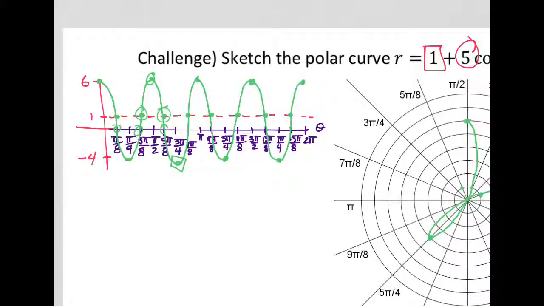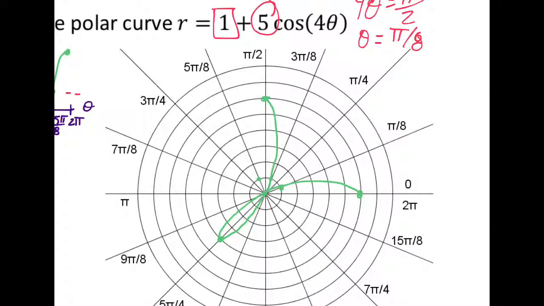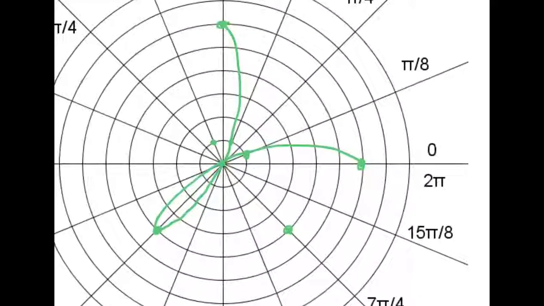At 3 pi over 4, I have a -4. So instead of 3 pi over 4, I'm down on the negative version of that line. So I'm right there. So I'm going to curve this down, cross the pole. That was bad.